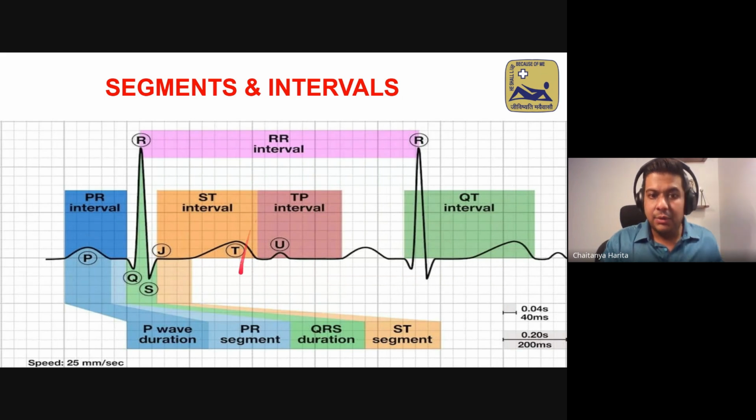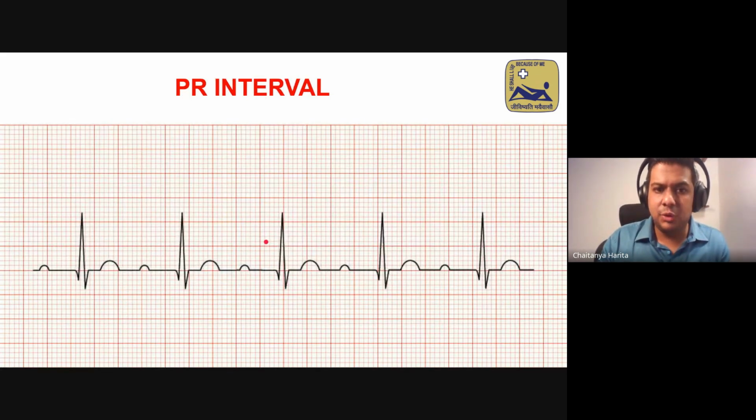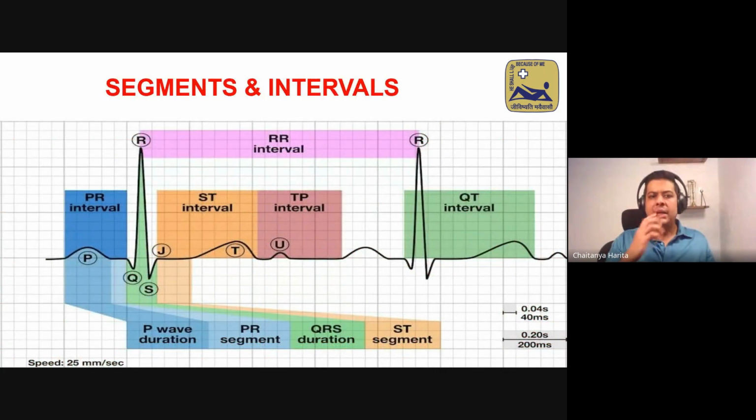Segments. The most important segment in medicine, the ST segment, right? So the ST segment is the most important segment. I'll come to that. But the PR segment and the ST segment are isoelectric. Isoelectric means they are flat lines. They're isoelectric because in this segment, there should be no activity. There should be no undulations.